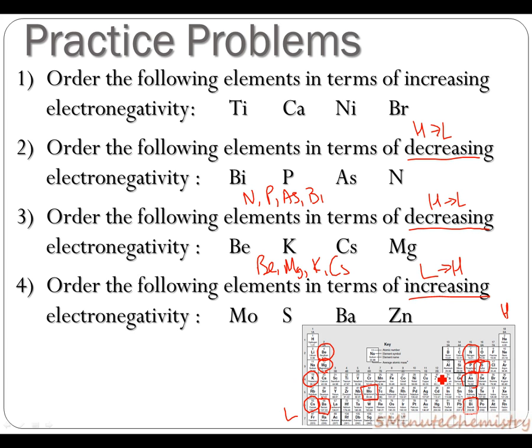And lastly, zinc, Zn. Okay, so not to distract us, let's cross those out. So we're looking at these four values here, and I want to go increasing. So the lowest values are bottom left, highest are top right. We are going to put barium, molybdenum, zinc, sulfur. All right, we got some good from that, and I'll see you.